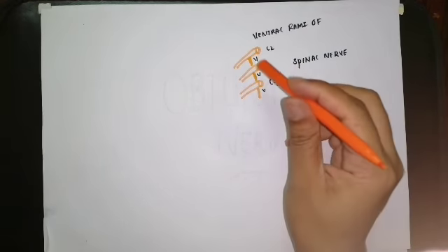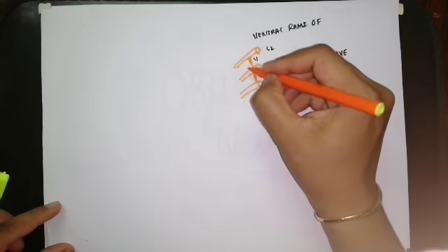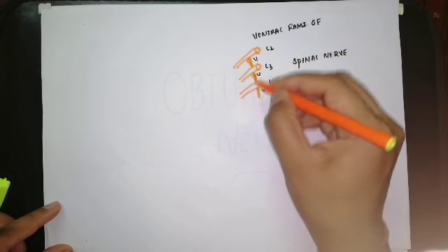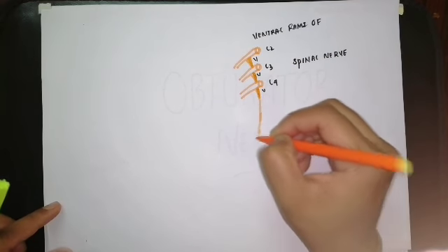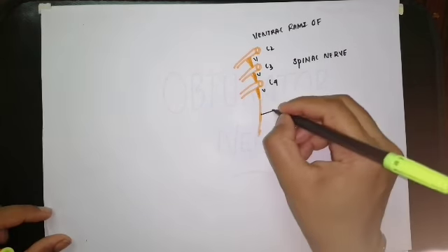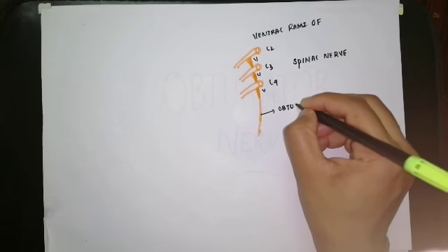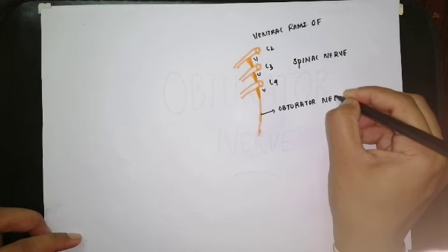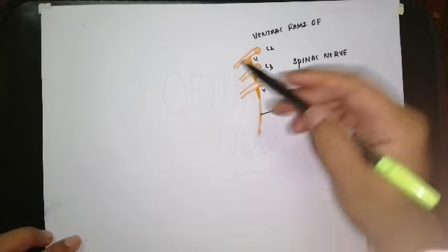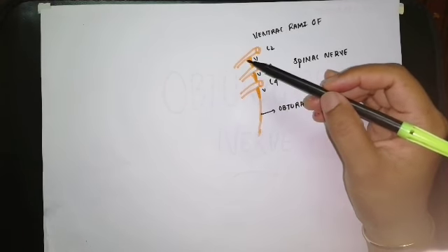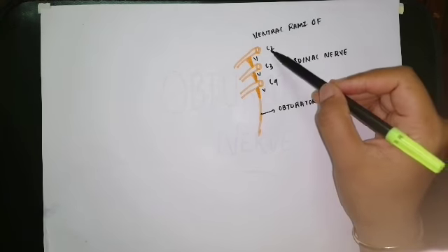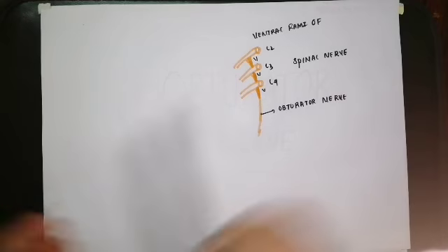Now the ventral divisions of all these combine together to form which nerve? This nerve is the obturator nerve. The obturator nerve is formed by the union of the ventral divisions of the ventral rami of L2, L3 and L4 spinal nerves.